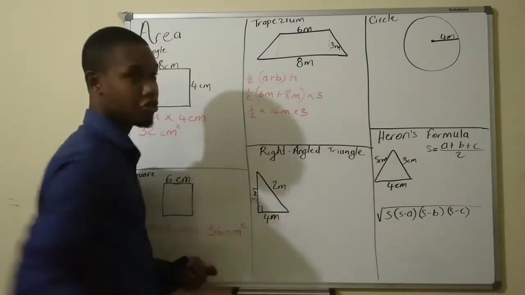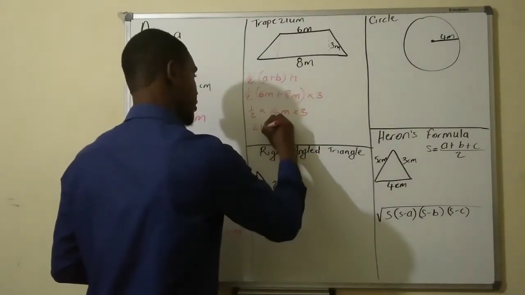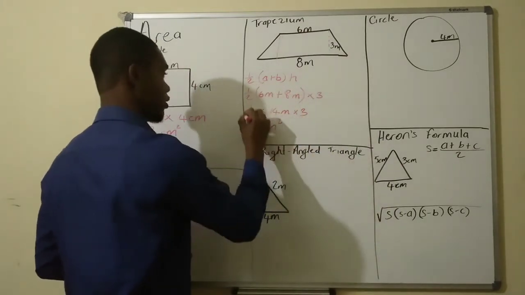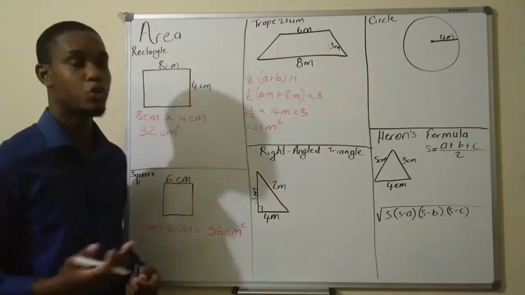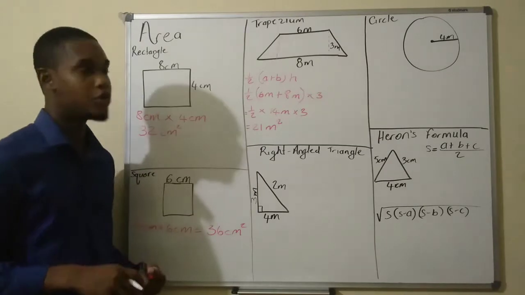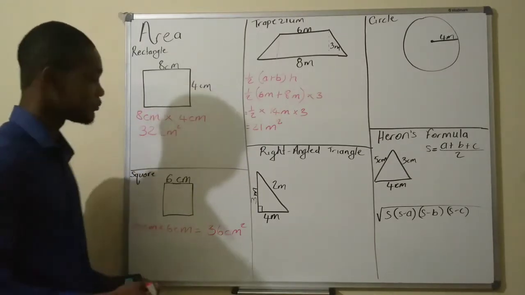And 7 times 3 would give you 21. So this would be 21 meters, and you put your squared unit on it. Please remember, whatever unit is given, that's the unit you're supposed to put, and then you put your squared. If no unit is given, you'll just write squared units, and that would be accepted.